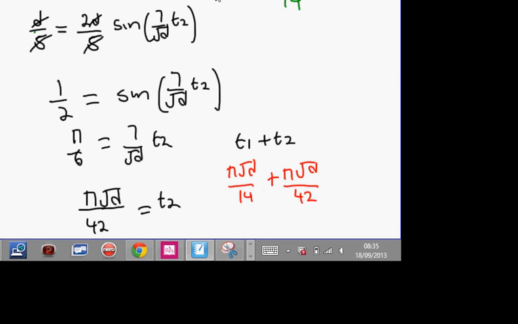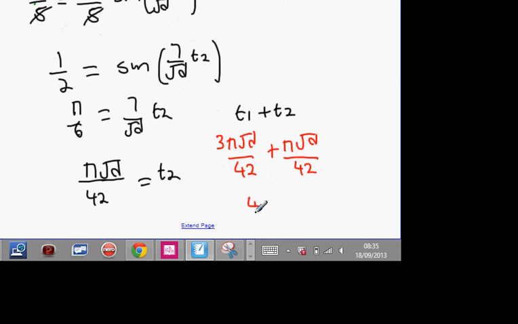Just multiply it by 3. So we can just multiply that by 3 on the bottom, multiply it by 3 on top, and what we should get now is 4 pi root d over 42, cancel and divide by 2, and we're going to get 2 pi root d all over 21, which is the correct answer.